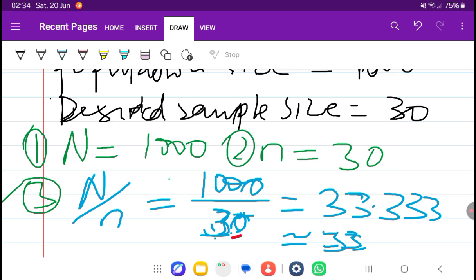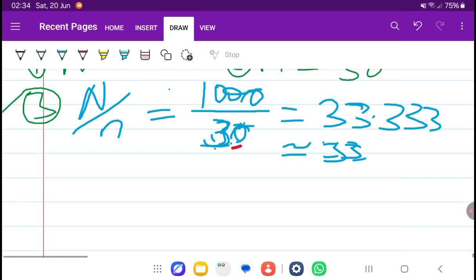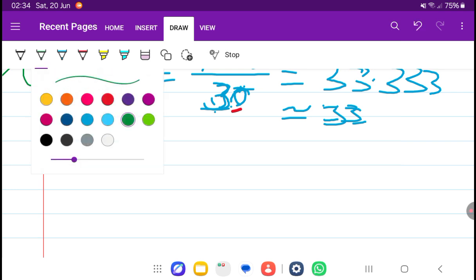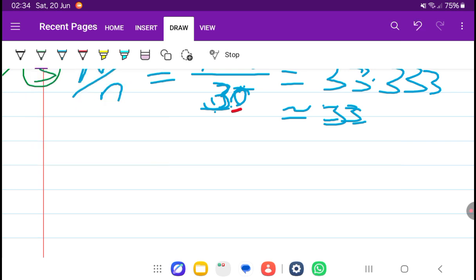Now, the next step, we said we select any number between 1 and k. Because step 4, we call this number x.